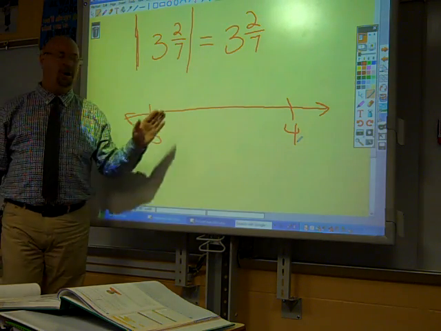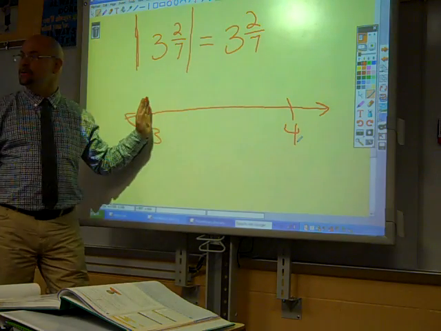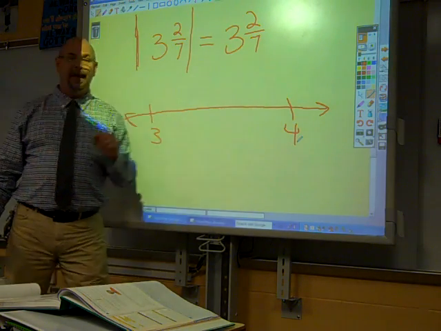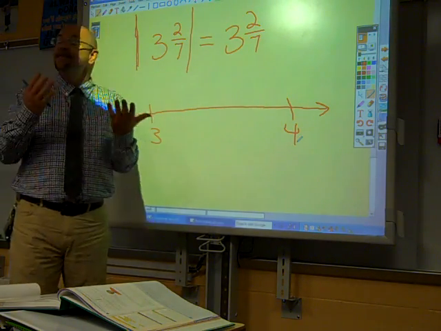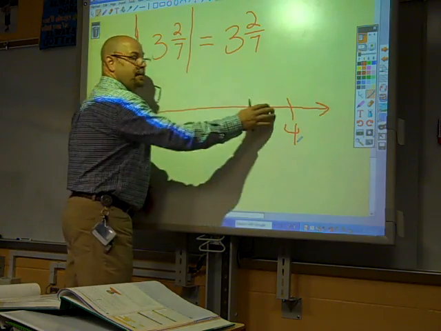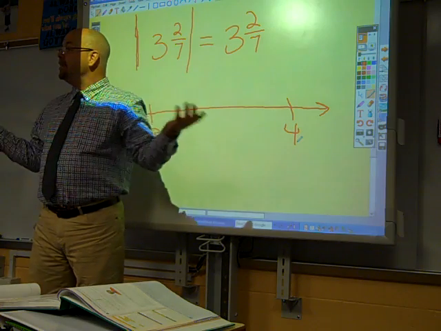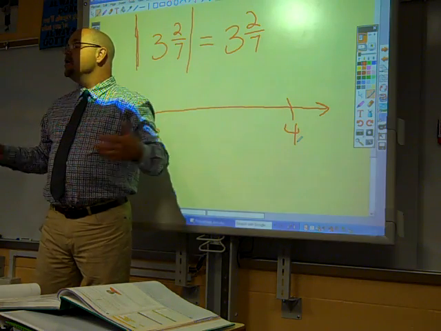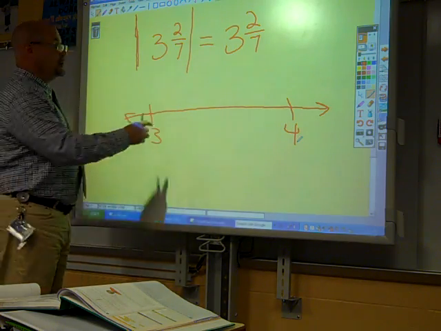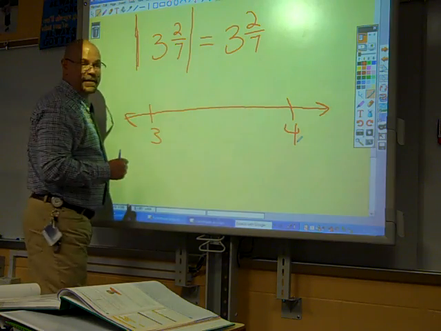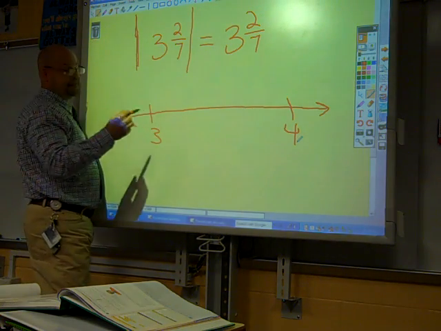Anybody have an idea about what I might choose to divide this into? Madison? 7s. If I divide this up into 7s, all I would have to do is count over 2 of them, and that would be exactly where it lived. So as carefully as you can, you're going to divide this space up into 7s. Everybody do this now.